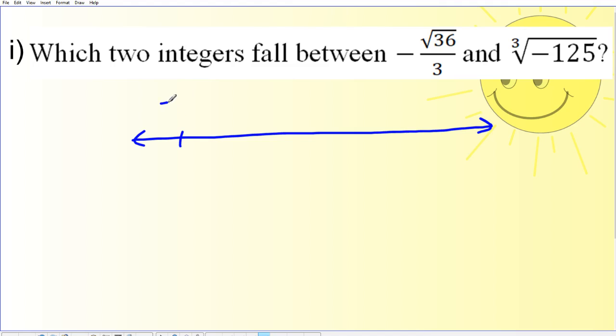Somewhere I have like negative the cube root of 30, or square root of 36 over 3, and the cube root of negative 125. And in between here, I actually have some integers. Some numbers like negative 2, negative 3, negative 4, negative 5 are in between here somewhere. And that's what it's asking. Which two integers, positives and negatives, no fractions, no decimals, are between here and here?